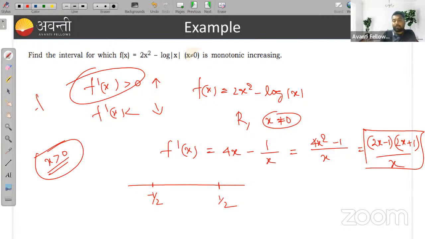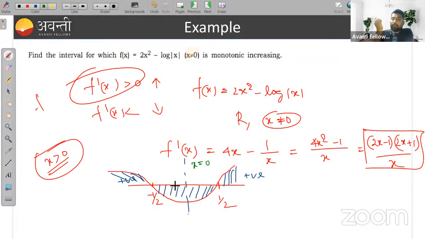Okay, draw the Weber method. If you draw the Weber method here, this portion is your negative region and this portion is your positive region. If you draw the line at x equal to 0 here, and we know we are taking here x greater than 0, the region where the numerator is positive.